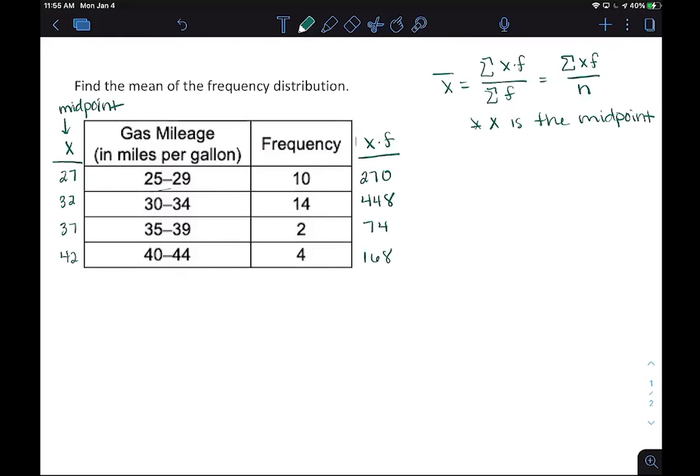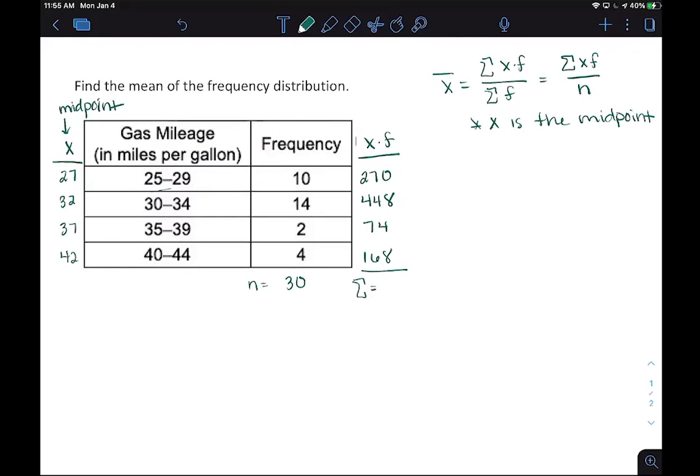And now you're doing the same steps as what we just did in the weighted mean. So we're going to find our N, which is our summation, and then we're also going to find our summation of our X times F, or our products. Finding the summation of our frequency or our sample size, we have 24 and 6 gives us 30.